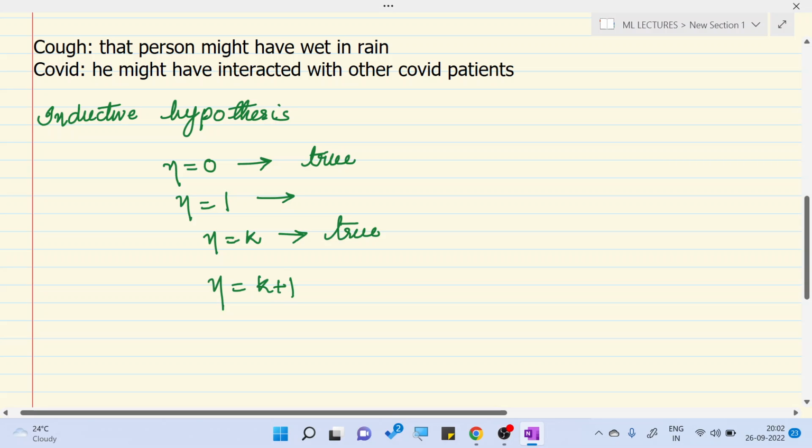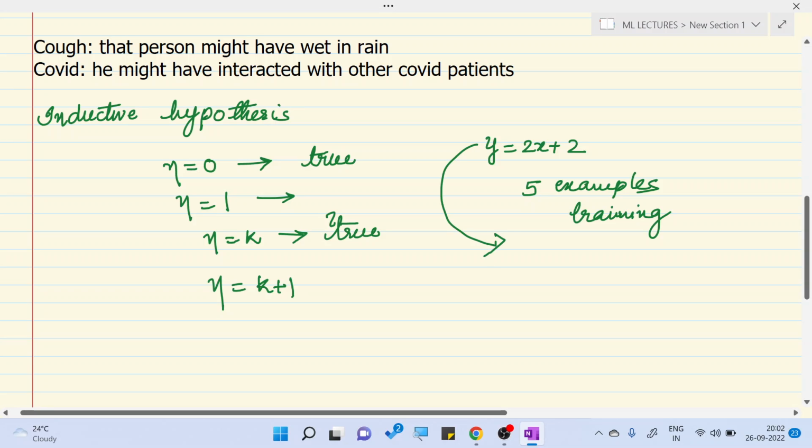So because the hypothesis that y is equal to 2x plus 2 is true for the given 5 examples, which we call training examples, we hold that this hypothesis will also be true for other given examples.